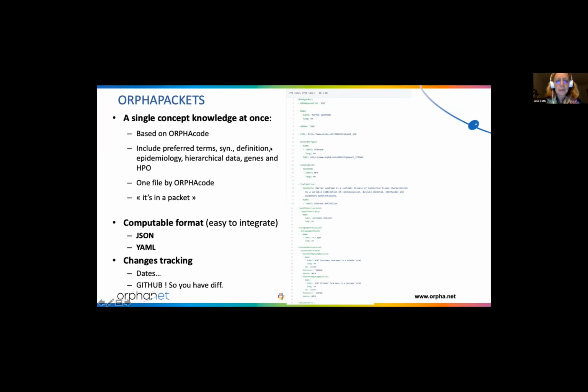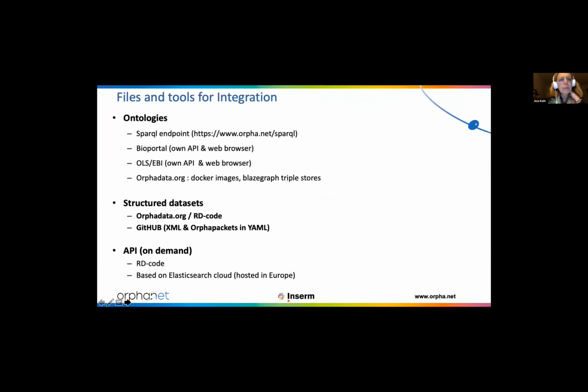So the nomenclature data, the epidemiology, the parents and children in the classification, genes, HPO. So it's an exchange format similar to the phenopacket that is produced by HPO for phenotypes, and that is in a computable format in JSON or YAML, and of course, tracking changes.